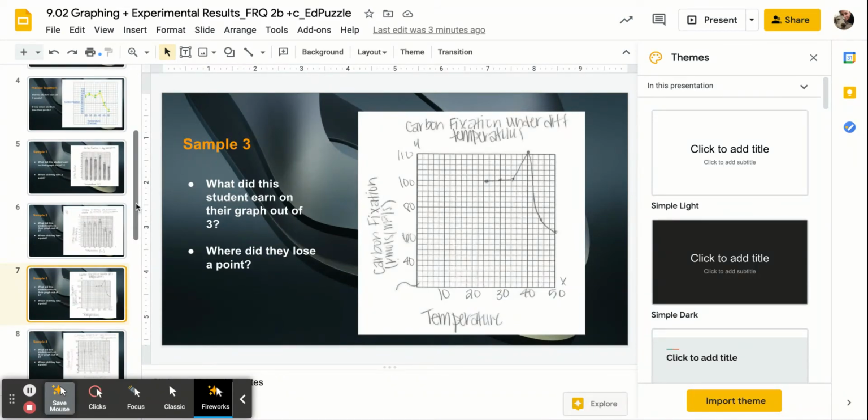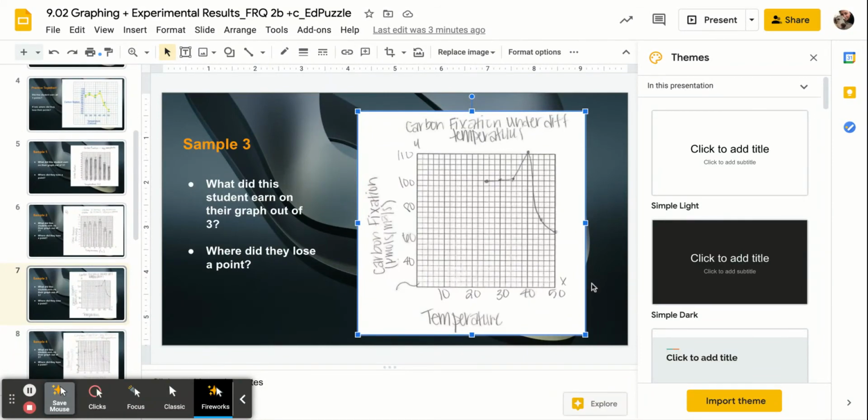This student also earned a 1 out of 3. So they lost 2 points, and they lost their points by not having units on their temperature, but also their scale. It looks like they tried to do a break here, but your break has to go up from 0 to 40, okay, and show on this line what's going on. And then they also lost a point because they don't have their error bars, okay?